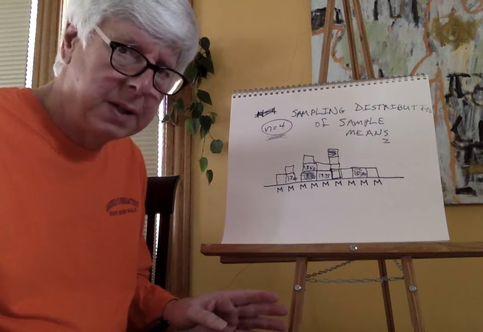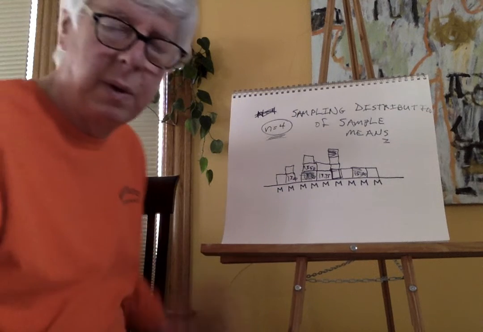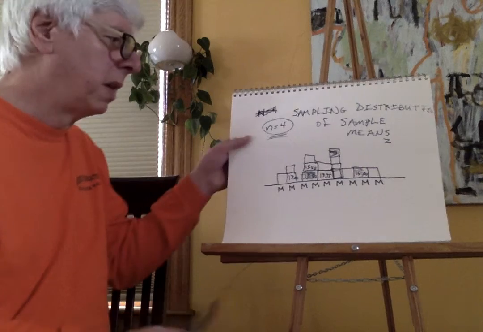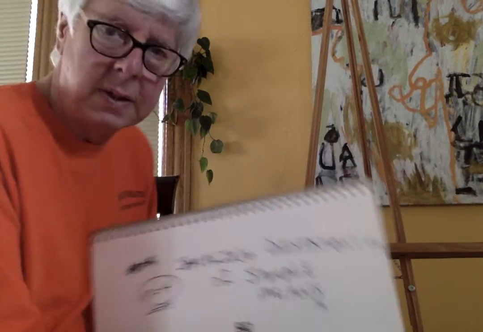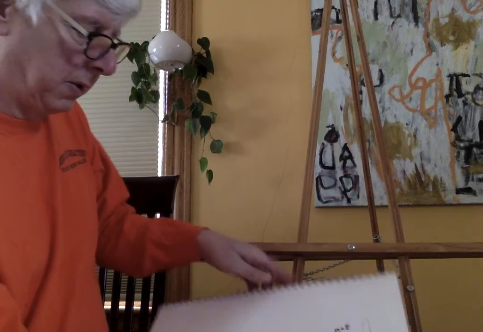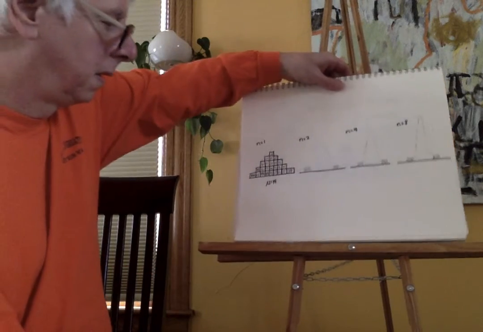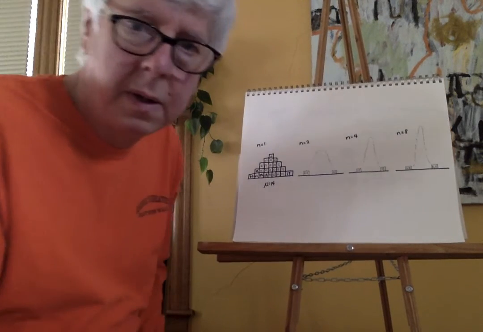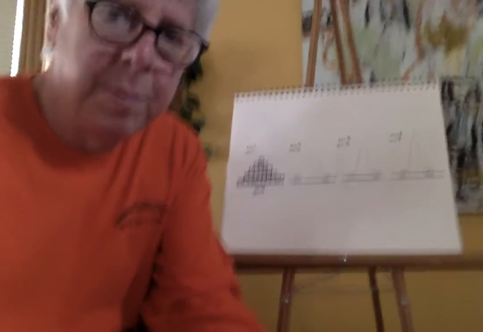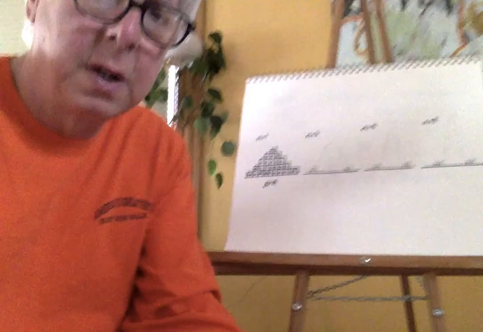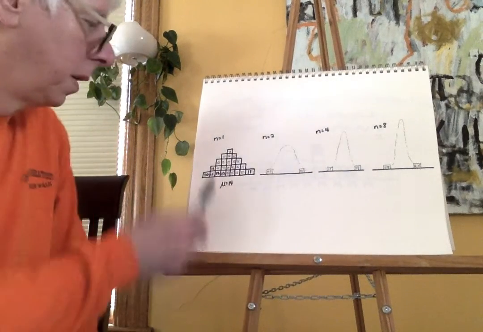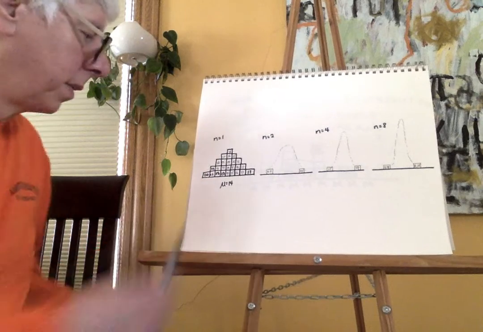Hopefully everybody has this, because now I want to show you what happens when we have different size samples. Let's do this. Can we see this? Let me hold this up a little bit closer. Here's our original population.